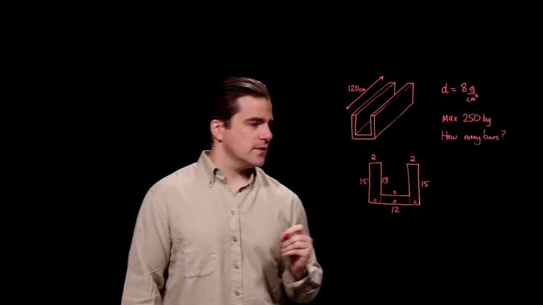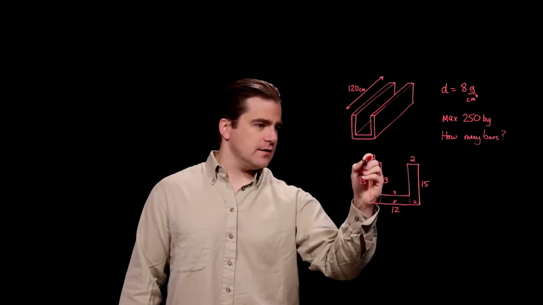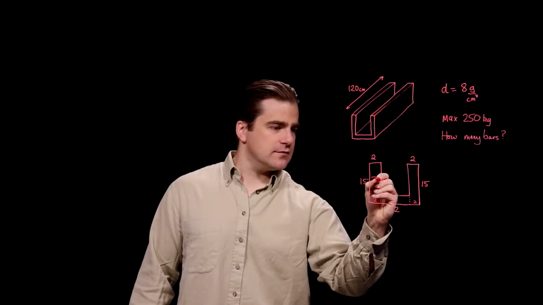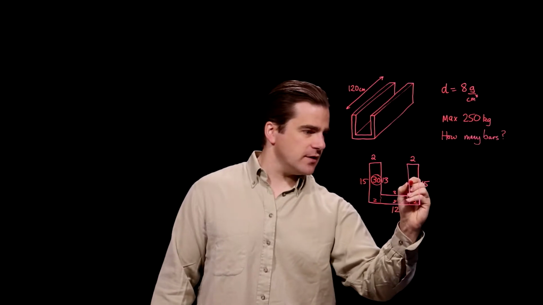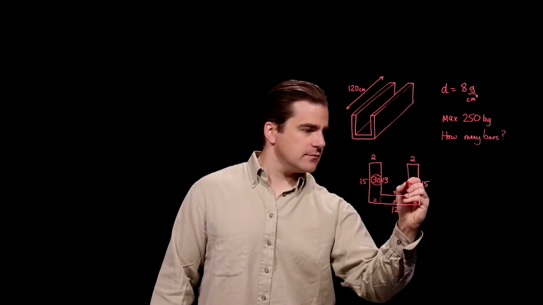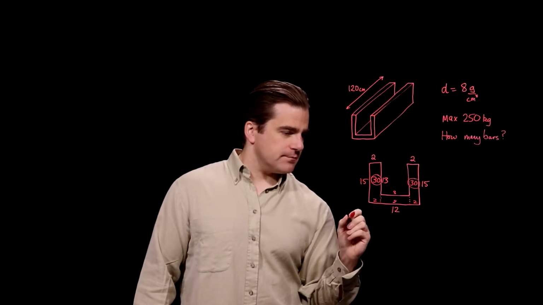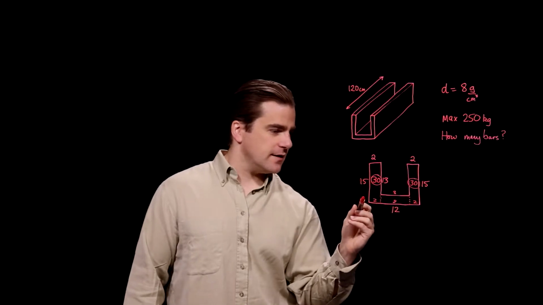Okay, so cross-sectional area, this bit here is 2 times 15, so that's 30. Same here, 2 times 15, 30. And this bit, haven't done that height yet.